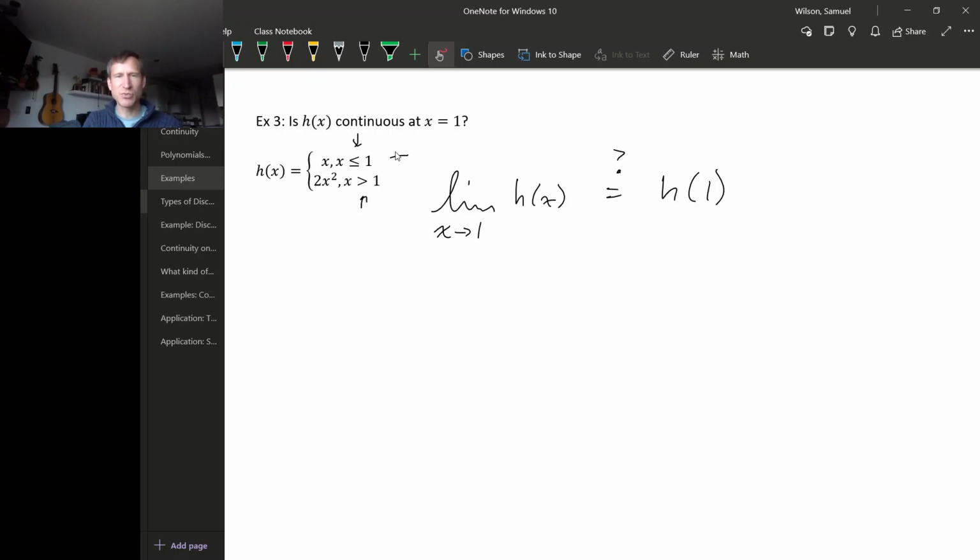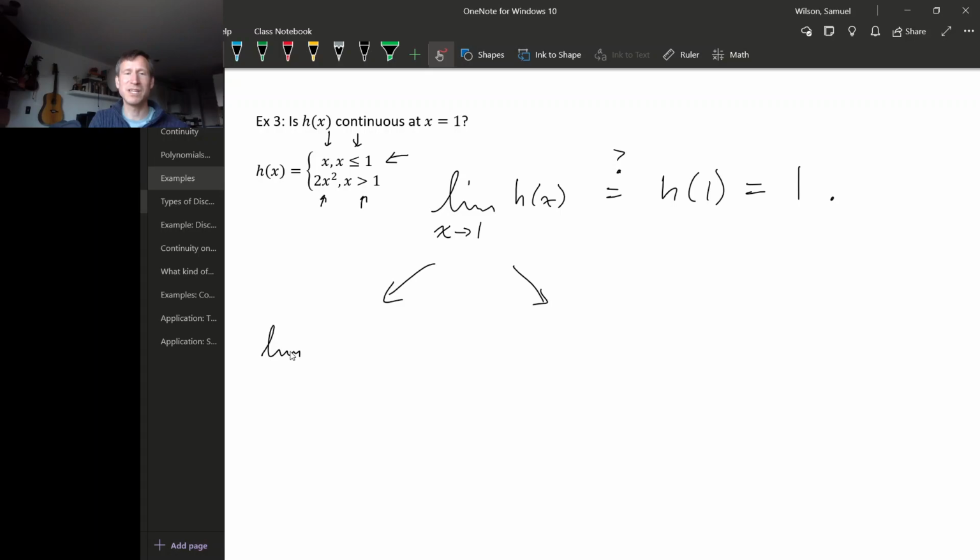And it looks like h of 1 is just 1. All right. Well, this multipart function uses a different formula on each side of 1. So to figure out what the limit is, we can't use a single formula like we did in the previous two examples. So what we'll have to do is break this into two limits, each on one side.